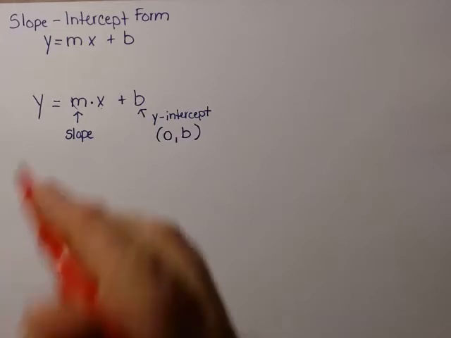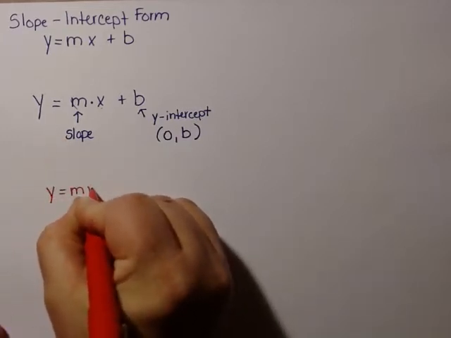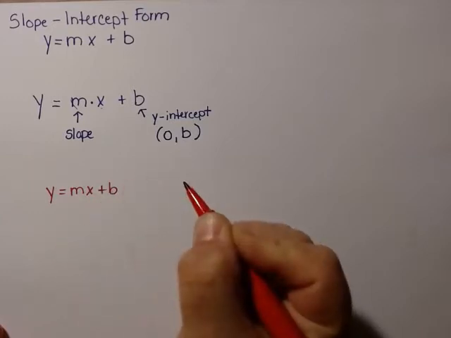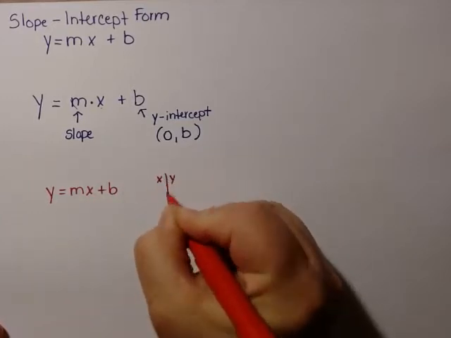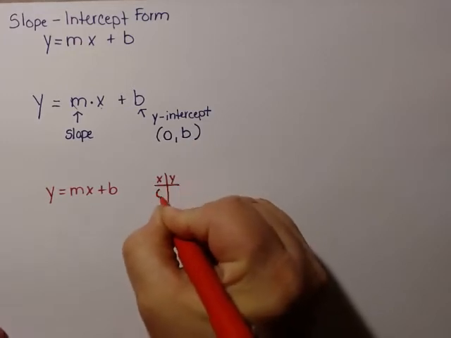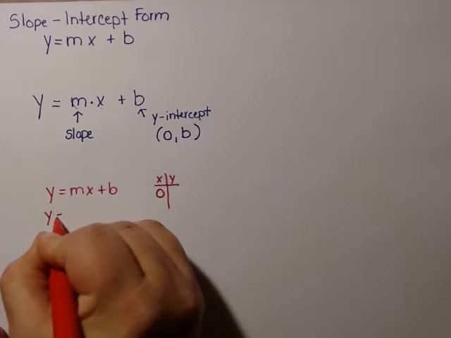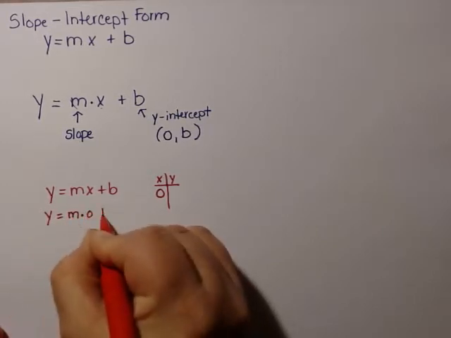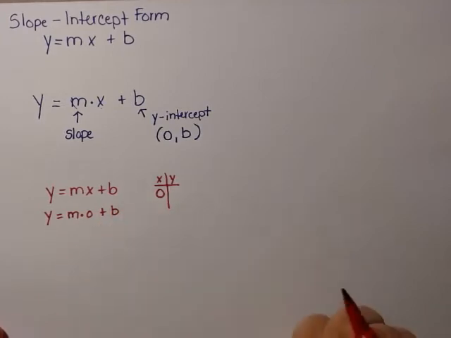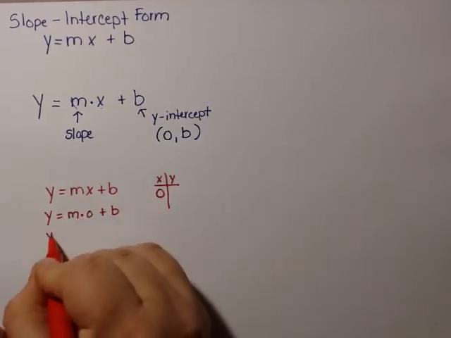We can see that, for example, if I have y equals mx plus b. If I make my table and I replace x with 0, zero times anything is always 0.